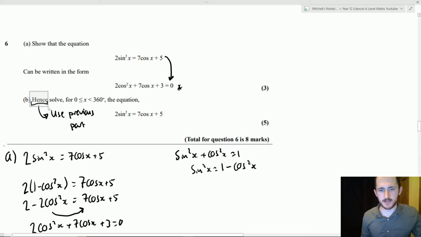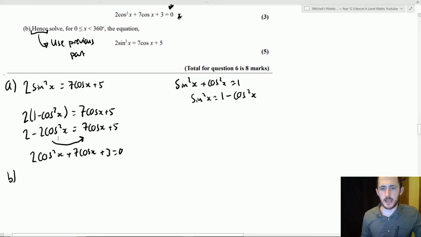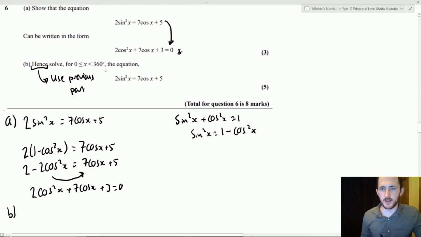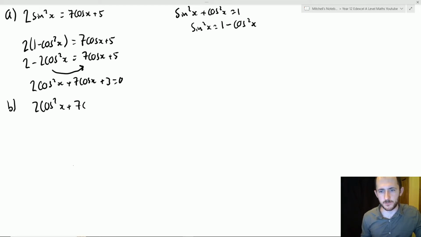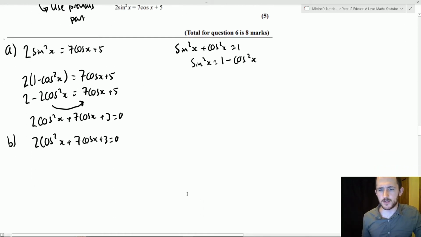If you see the word hence, it means using the previous part. So, immediately, without even thinking, instead of this, I'm just going to write this. Okay? So we'll write that again. And just so we don't have to keep scrolling up and down, I'm going to copy down the range too. So, 0 to 360.